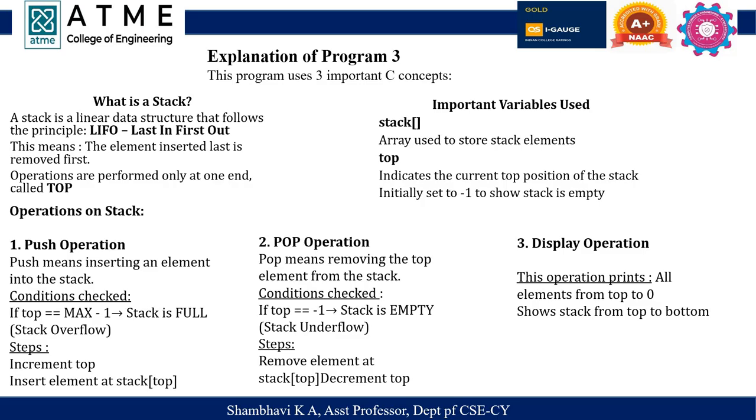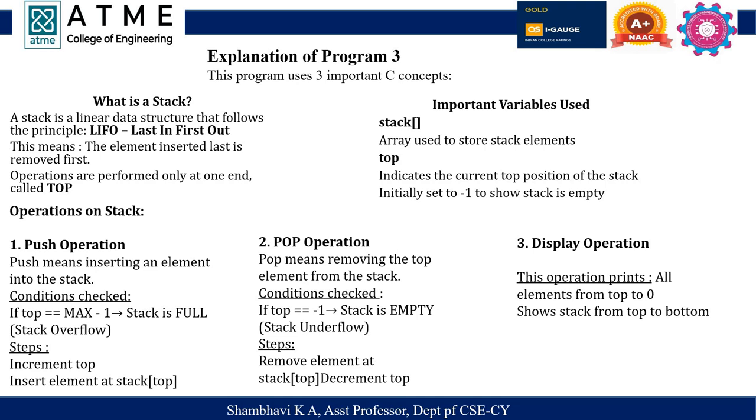If this condition is true, then it shows the message stack underflow, that is stack is empty. For this we follow these steps: first we remove the element at stack of top, then decrement the top. So for push we increment the top, for pop we decrement the top.